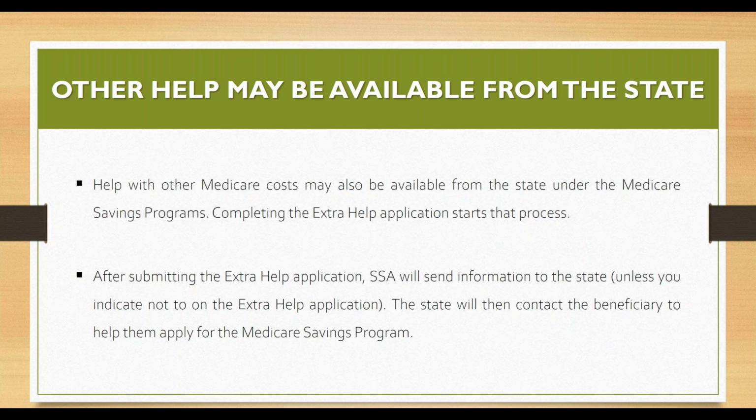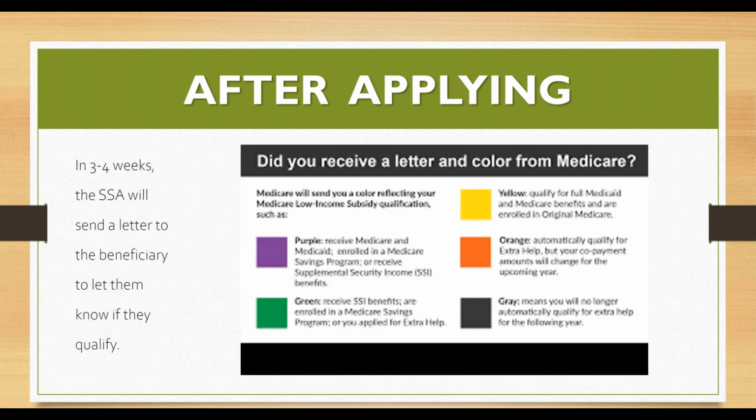And the state will contact the beneficiary to help them apply for the Medicare savings program. After applying, it usually takes 3 or 4 weeks, and Social Security will send a letter to the beneficiary that can be color coded, which I hope is going to be purple, which says they're qualified for just about everything.